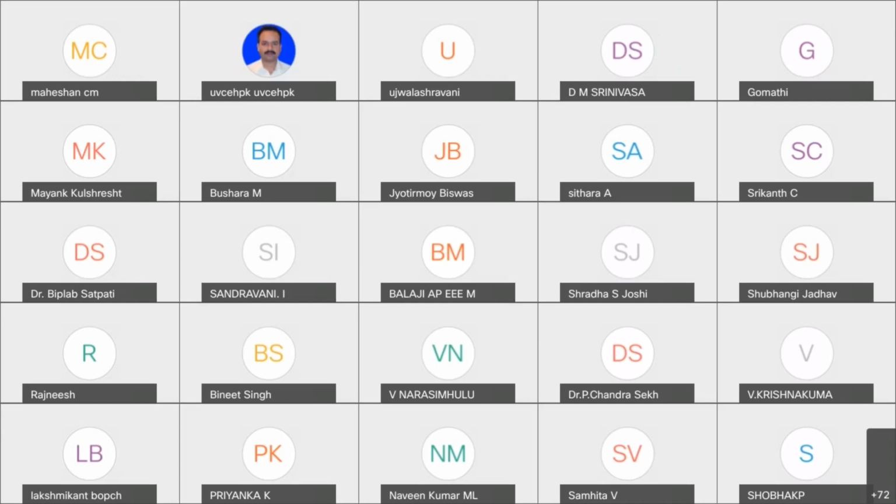Nageshwar Rao, come to video. Nageshwar Rao, are you there? Maheshan? Yes, sir. You already know that. Narsrao Pet, yeah. He is there in the meeting, but he's not coming to video.